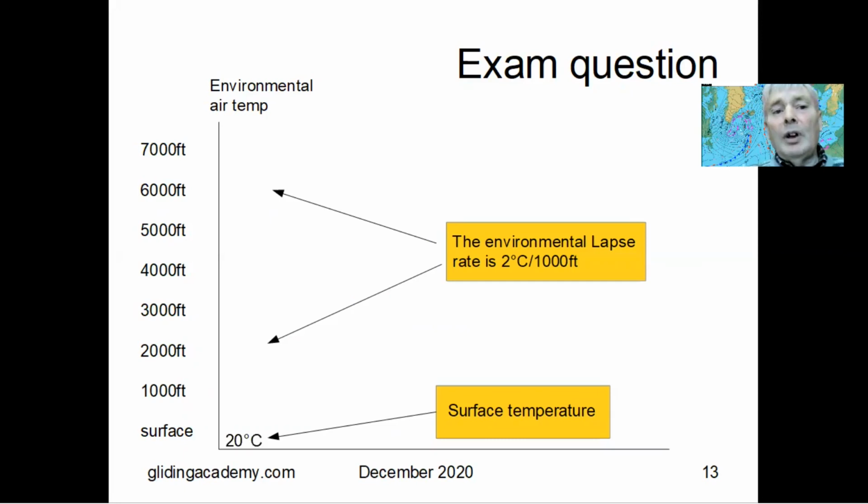Now, looking at the temperatures, the surface temperature is 20 degrees C. And we know the environmental lapse rate is 2 degrees C per 1,000 feet. So as we go up through the atmosphere, you can see that the temperature is steadily decreasing by 2 degrees per 1,000 feet. For instance, here at 5,000 feet, the temperature would be 10 degrees C.